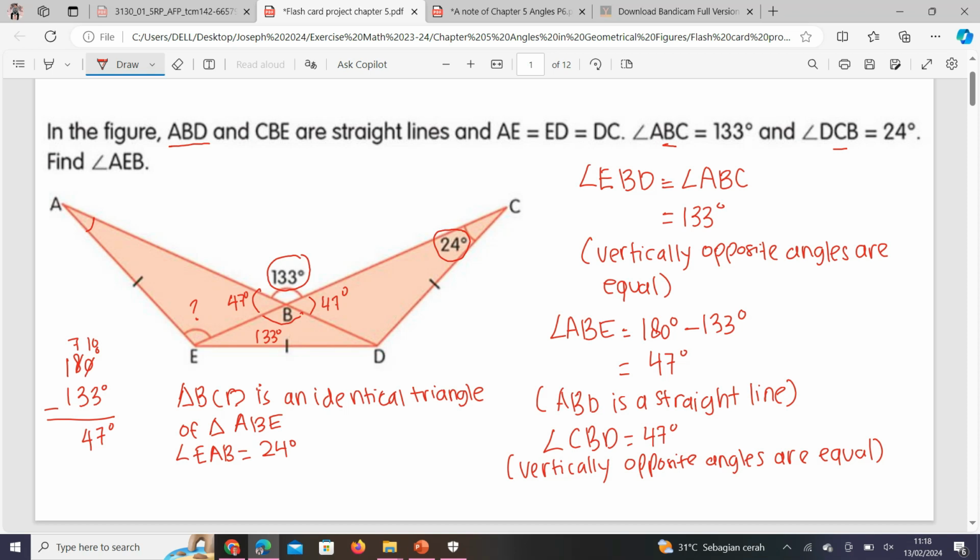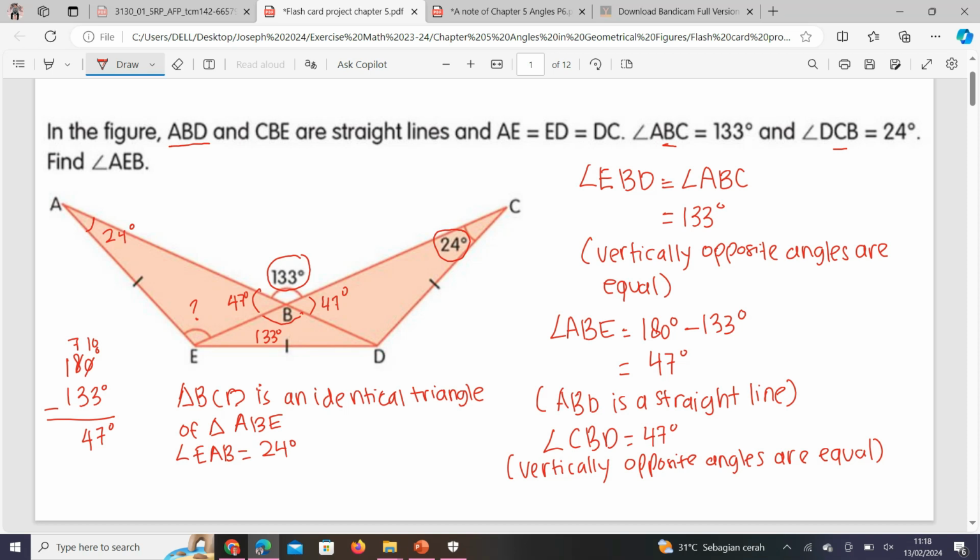Because this is 24 degrees, you may see the triangle of AEB, that one triangle, right? Remember the law in point 2A, the sum of angles in a triangle is 180 degrees, right?